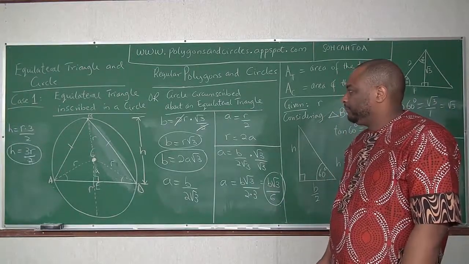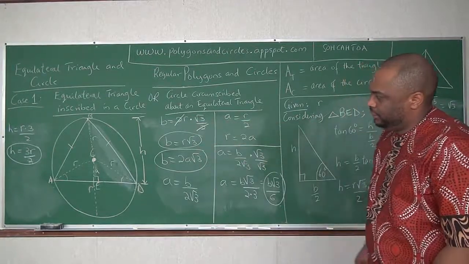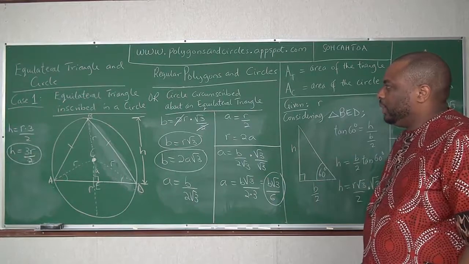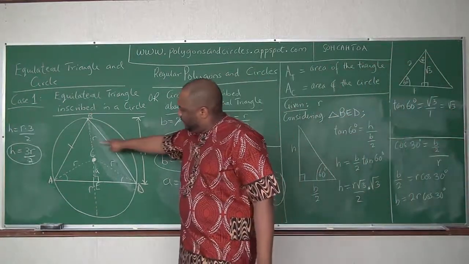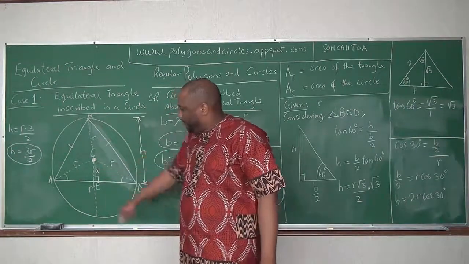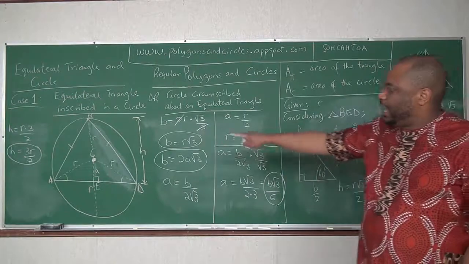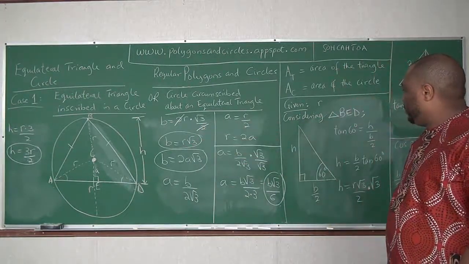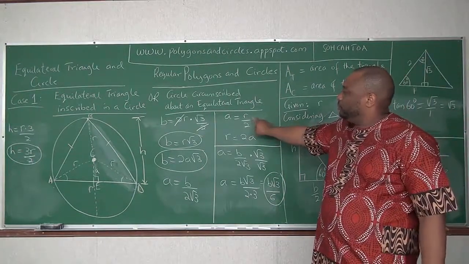Do you know another way we can even get this, or the apothem? Because if you look at this, the height is the radius plus apothem. You can see also that the height is radius plus apothem. And we know that the apothem is r over 2.